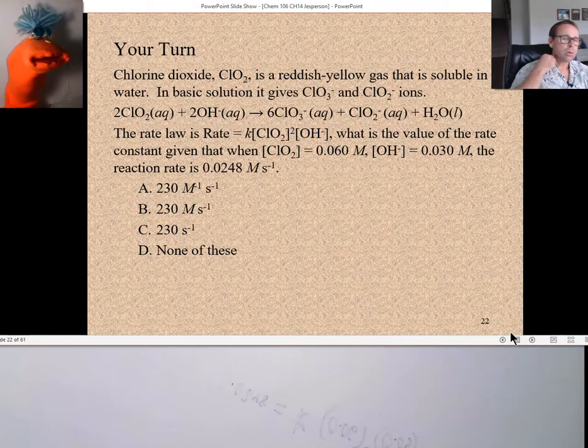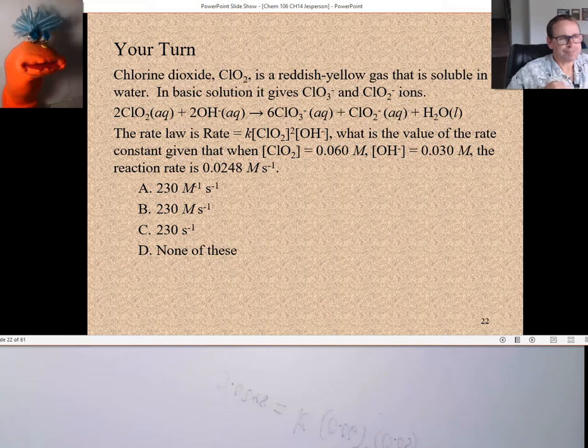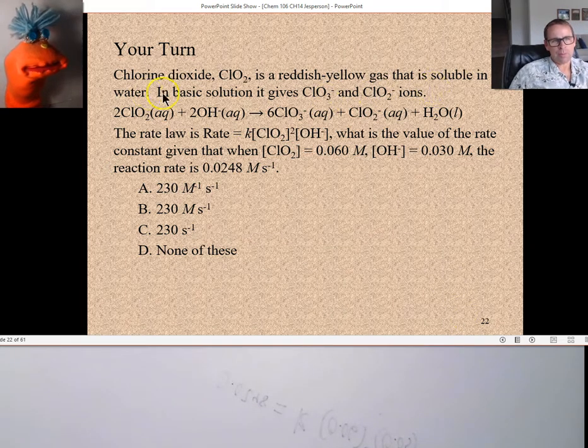Okay, so here's another question. Chlorine dioxide is a reddish-yellow gas that is soluble in water. In basic solutions, it dissolves to form the chlorite and chlorate, and hypochlorite ions.